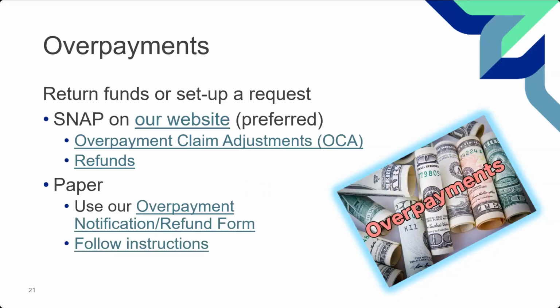When you do receive an overpayment, please take time to consider doing the overpayment via our Secure Net Access portal. The overpayment can be done as a request, which means we're going to ask you for money back, and that's the overpayment claim adjustment, or you can simply refund us the funds.